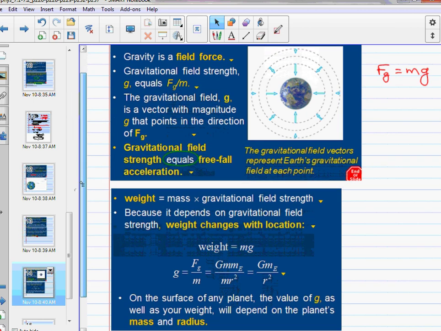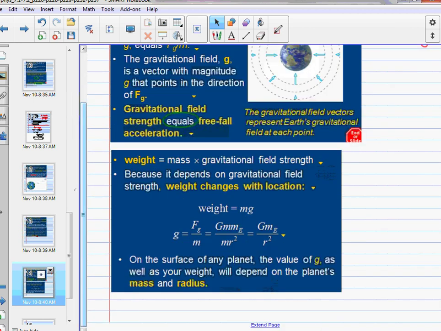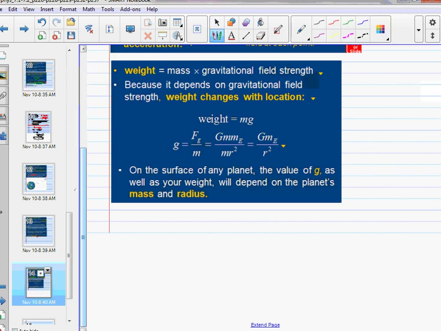Weight, we've already learned this, is mass times the gravitational field strength. We did it with acceleration due to gravity before, but it's the same thing. The number is the same. Because it depends on the gravitational field strength, weight changes with location. So weight is mass times gravitational field strength, or acceleration due to gravity, the little g there.